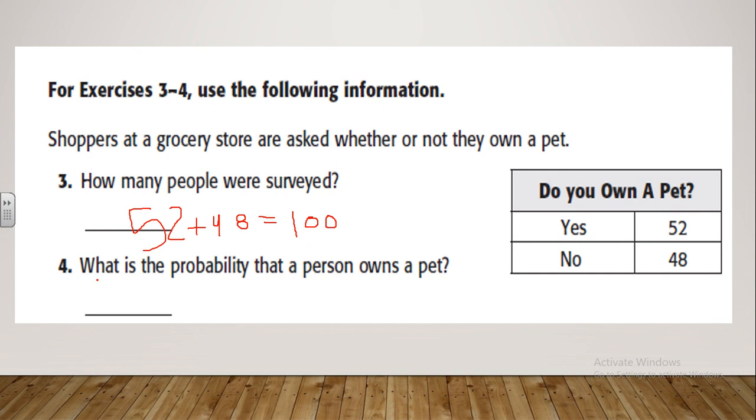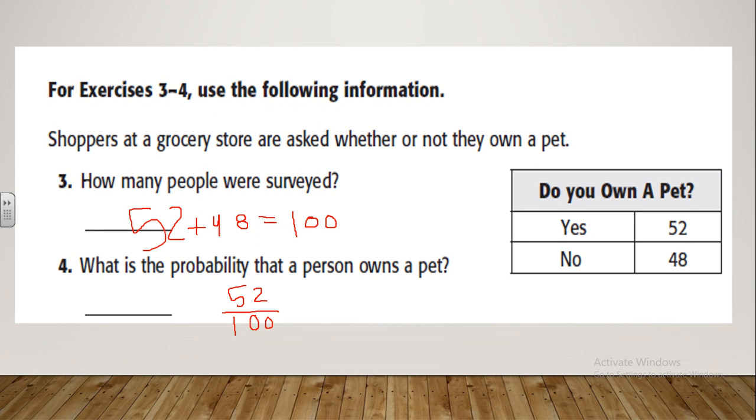Okay, now he asks you, what is the probability that a person has a bet? Having a bet means he said yes, right? So that will be 52 over 100. Tell me, can we make it more simple or we can't?